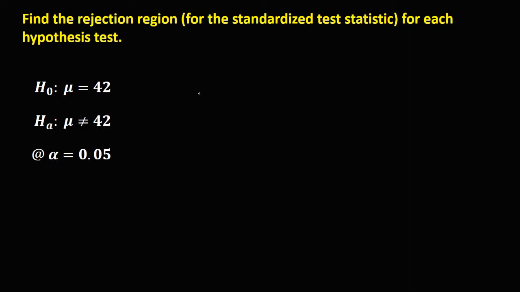Then for this given, our null hypothesis, the hypothesis mean is equal to 42. Then for the alternative hypothesis, we need to test if the hypothesis mean is not equal to 42. Now, since not equal, this one is two-tailed.